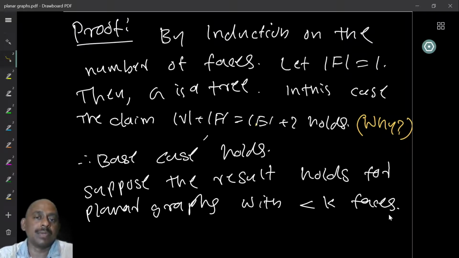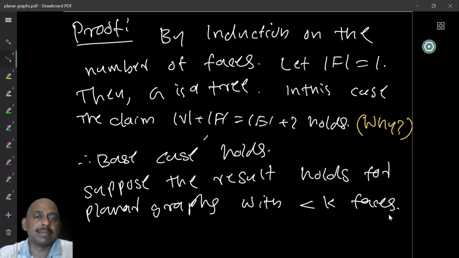So the number of vertices plus the number of faces, which is equal to 1, is equal to the number of edges plus 2, because the number of edges is the number of vertices minus 1. So that is the proof. Hence, we have the base case.